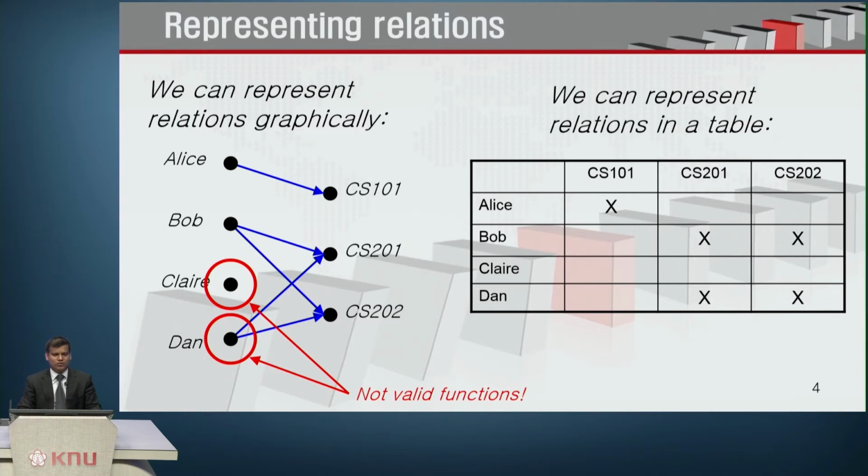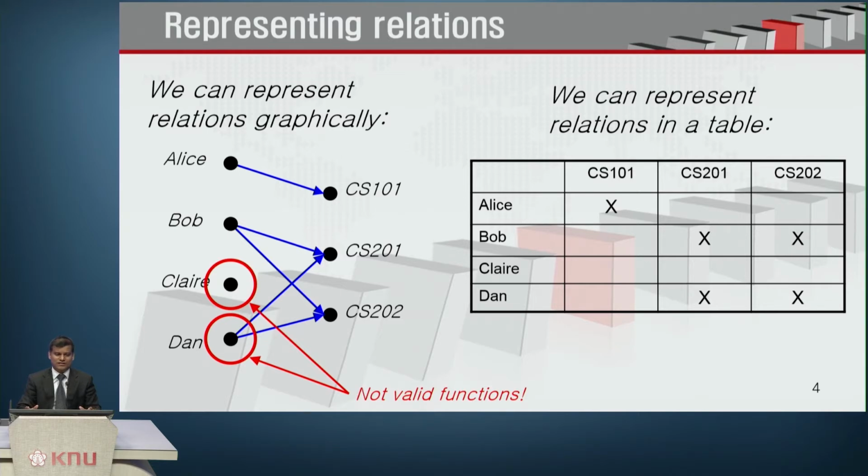Moreover, from Dan and Bob there are two arrows emerging out. If two arrows emerge from the same element, it is not a valid function, if you recall what a function is. And therefore, we can't just say that all relations are functions.